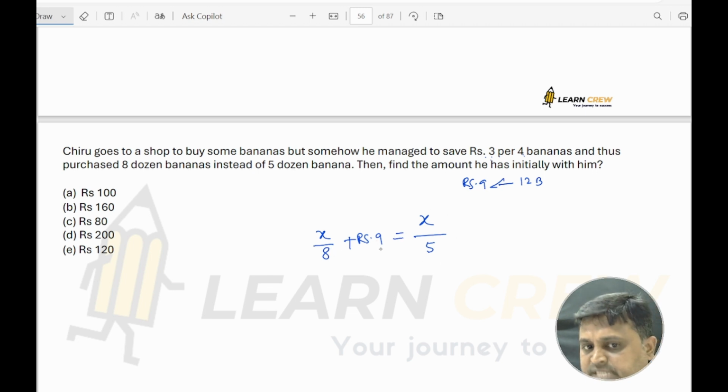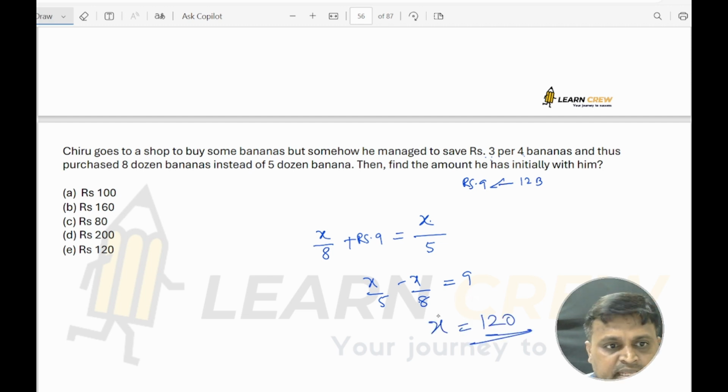So now X by 5 minus X by 8 is 9 rupees. So 8x minus 5x, 3x by 40 is 9. So x is 120. You require the initial amount with him, which is x. So the answer is 120.